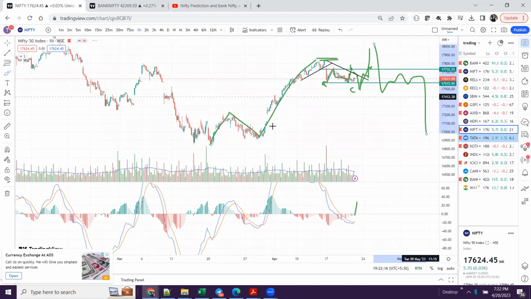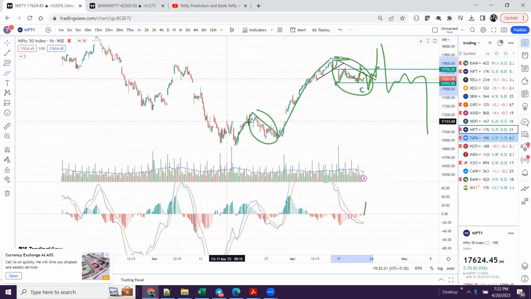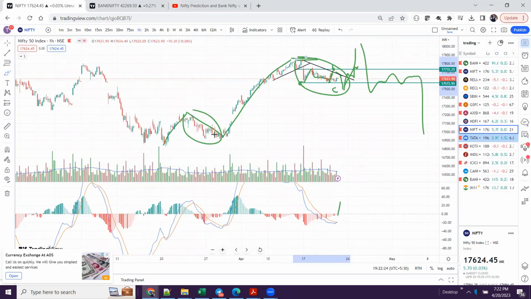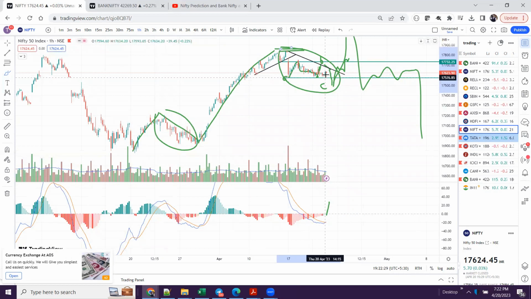Important point to observe is that if you compare this correction and this correction, as of now they look equal. So this can be in the same degree. However, if suppose for some reason this continues to correct more and forms a bigger correction than this, then degree of this correction will change.